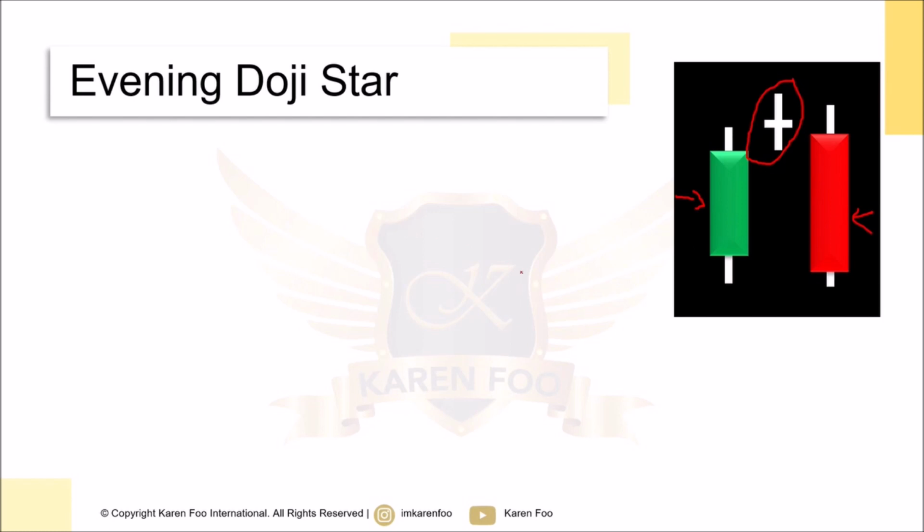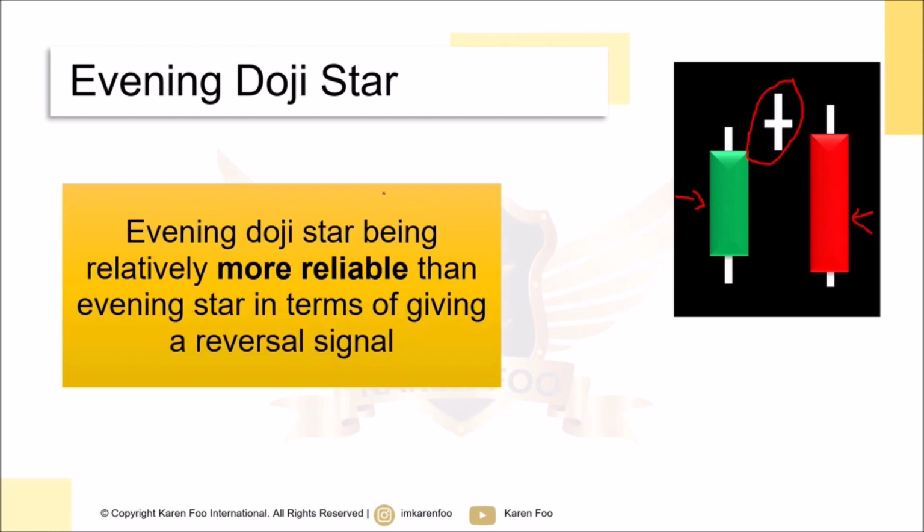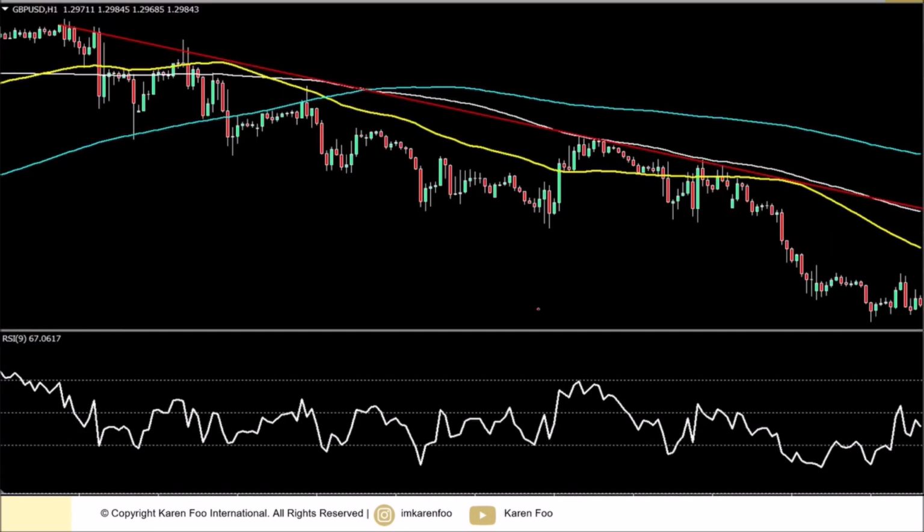Okay, so the evening doji star is more reliable than the normal evening star in terms of giving a reversal signal, because the fact that you have a doji is a strong signal in itself. Even though it is more reliable, you find that it is less common as compared to the normal evening star.